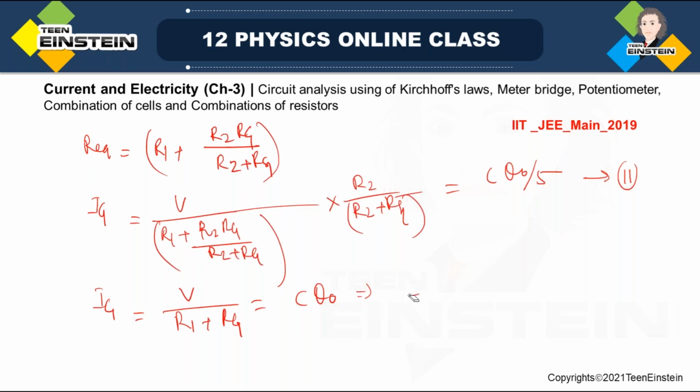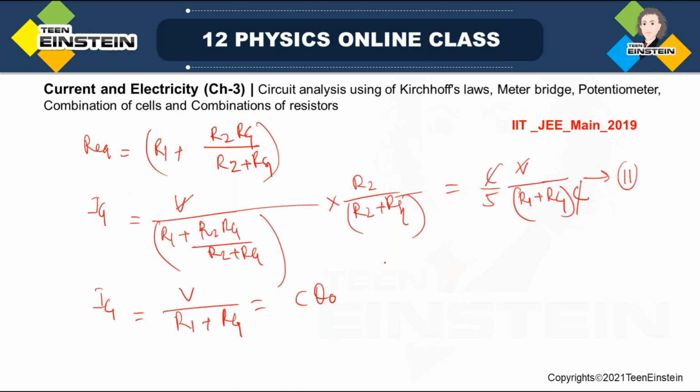If we put the theta 0 value here, look what we get. Theta 0 is actually V divided by R1 plus Rg, and there will be C multiplied here. This C is the same, so they cancel each other, and this V will cancel each other.